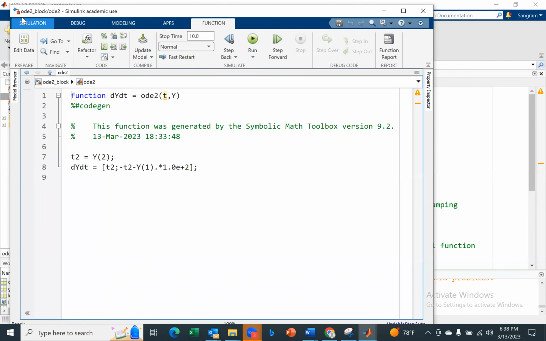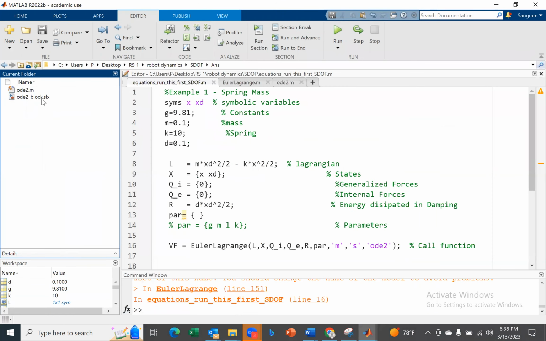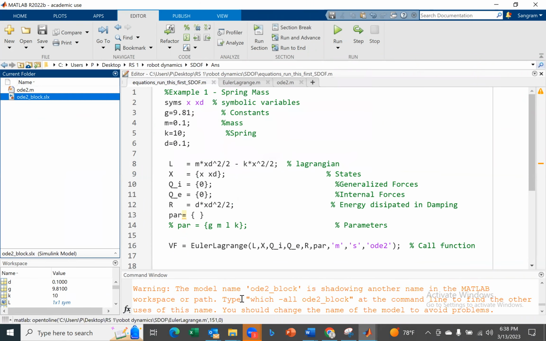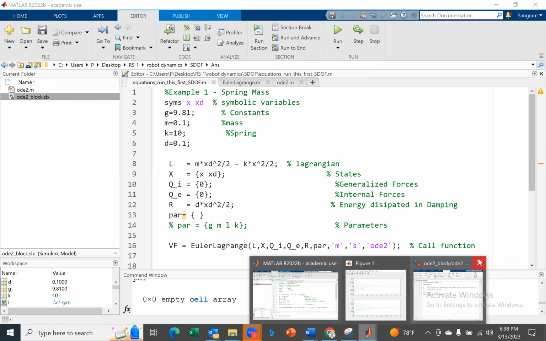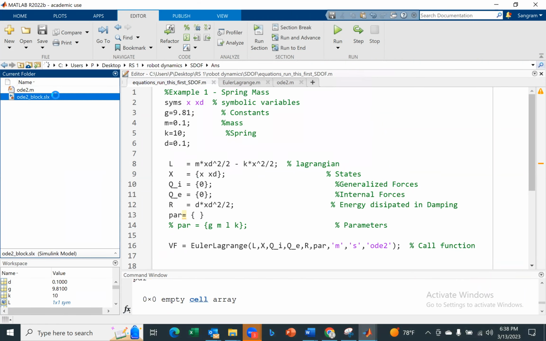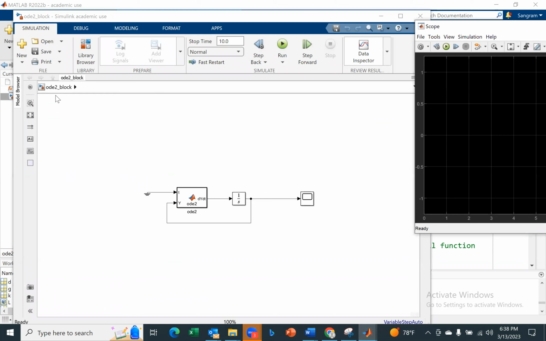Now, how would we perform the integration in Simulink? For that, I want you to go to answer, where I have given you the solution. Click on ODE block SLX. Unfortunately, that is open, so MATLAB will give an error. So close this and open this ODE block SLX. Go to answer and open this ODE block SLX.